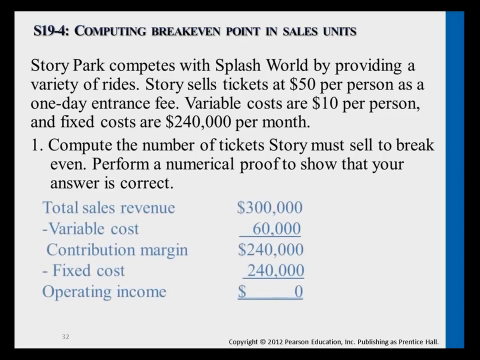Okay, so your total sales revenue is 300,000, variable cost is 60,000. We subtract one from another, and then contribution margin is 240,000. And then I also subtract my fixed cost, and my operating income is 0. That means the number that I got is, in fact, break even.